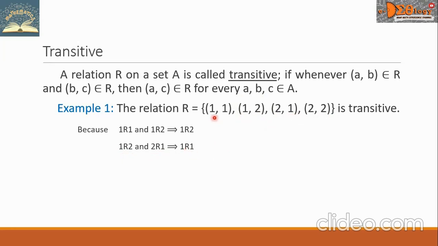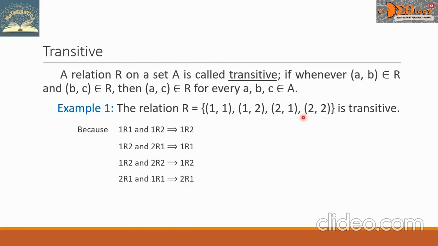We can see that there is an ordered pair (1, 1), and it is satisfied. Then we go to (1, 2) in connection with (2, 2). It follows that 1 R 2, and this 1 R 2 is the ordered pair (1, 2).